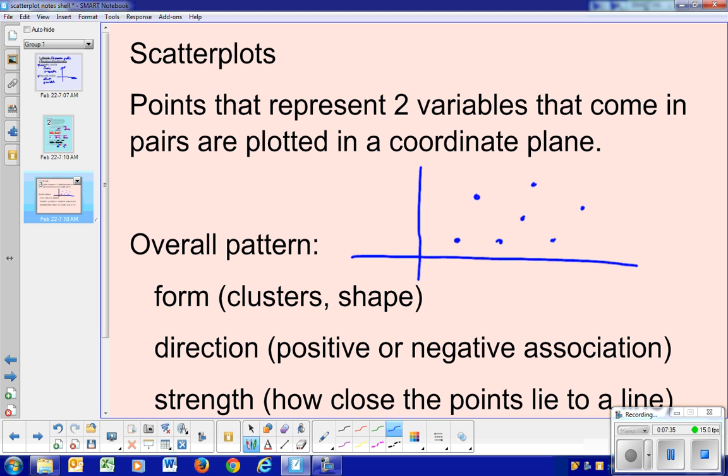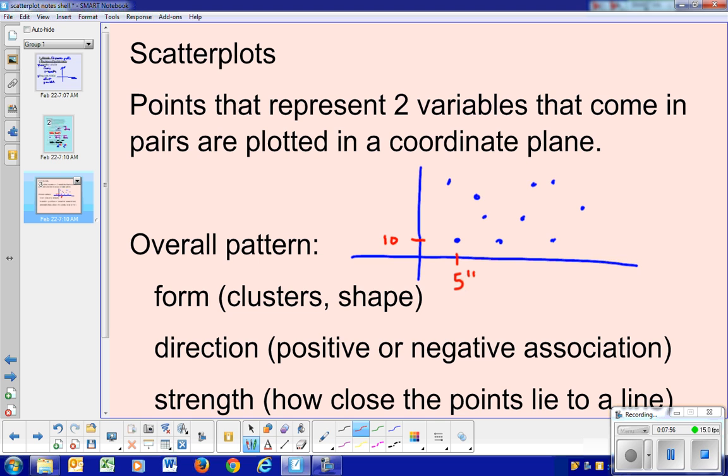Okay? And so if these two variables were the amount of annual rainfall, like we talked about, and the yield of a crop, maybe in one year we got 5 inches of rain, and it was a very dry year, and the yield of our crop was 10 bushels per 100 acres or something like that.